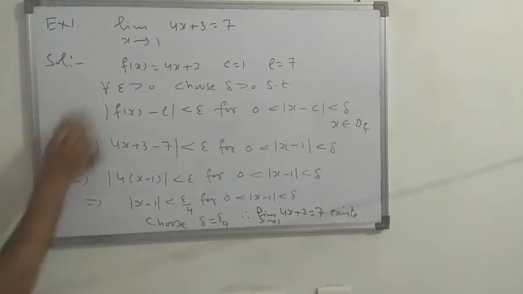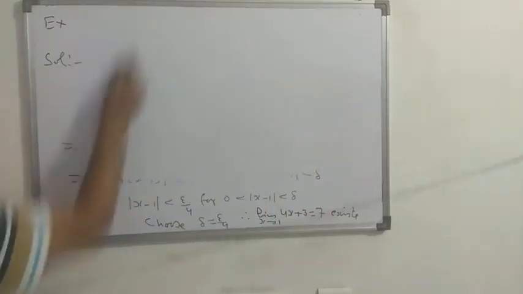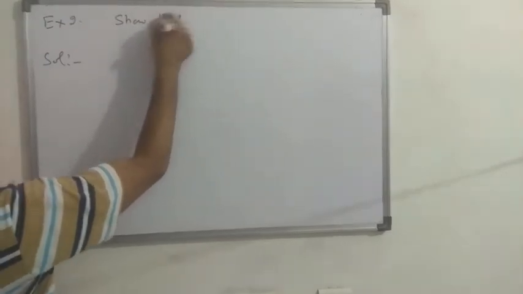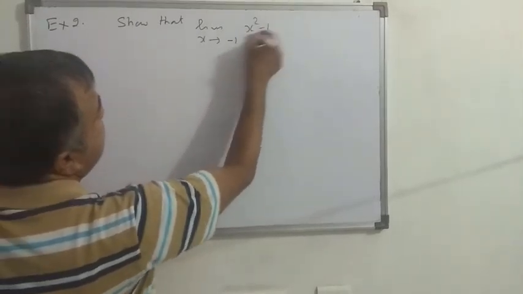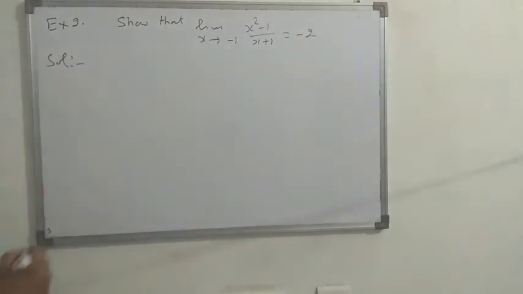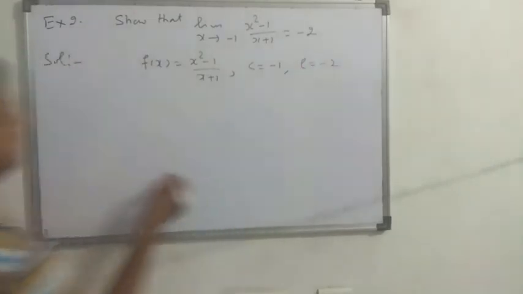Next example, second example. Show that limit x tends to minus 1 of (x square minus 1) upon (x plus 1) is equal to minus 2. So as in the previous case, f(x) equals (x square minus 1) upon (x plus 1), c equals minus 1, L equals minus 2.